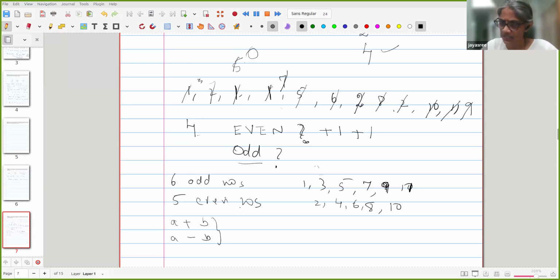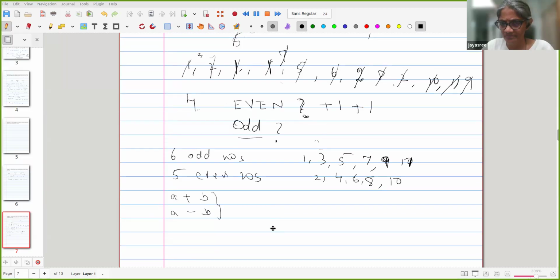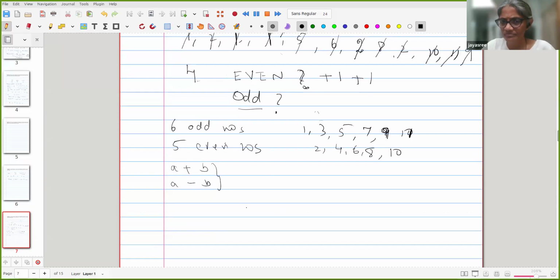Yes, ma'am. But if you subtract an even and an odd number, you will get an odd number. Same with an even and an even number, you will get an even number. Okay, so even minus even is even. And odd minus odd is what?